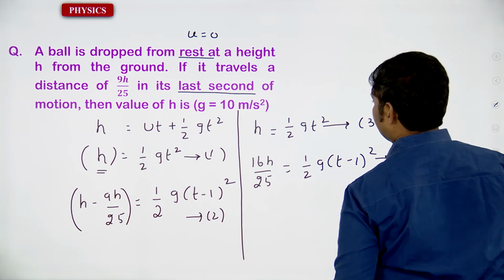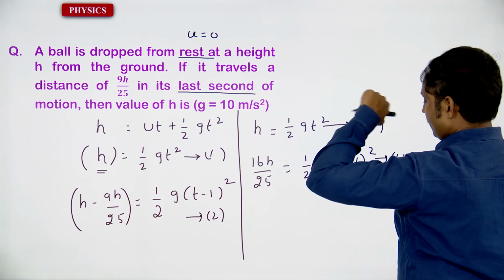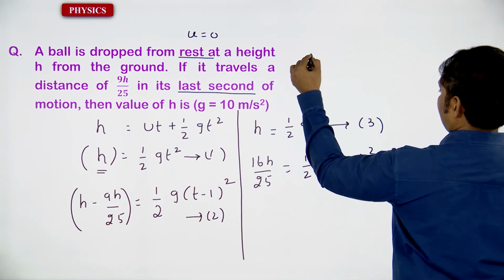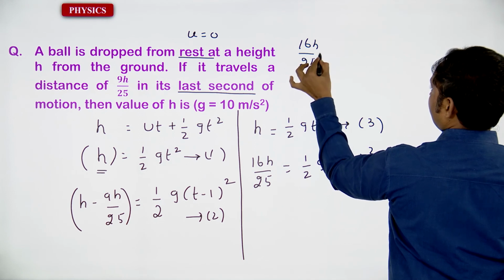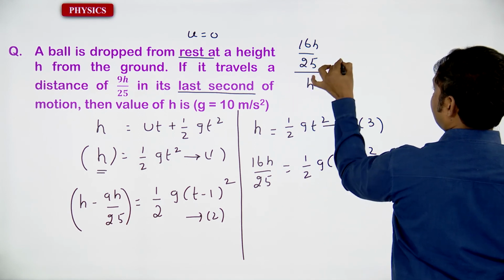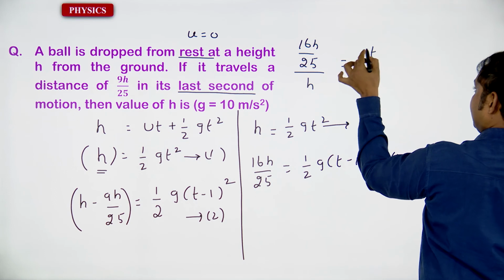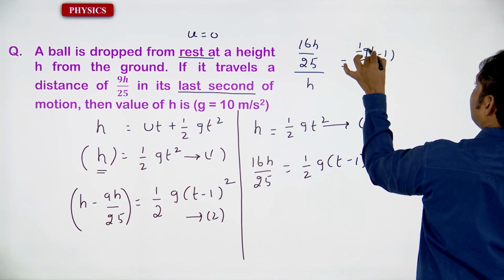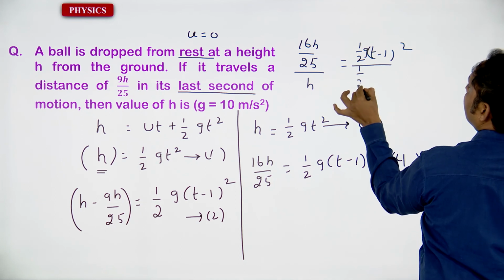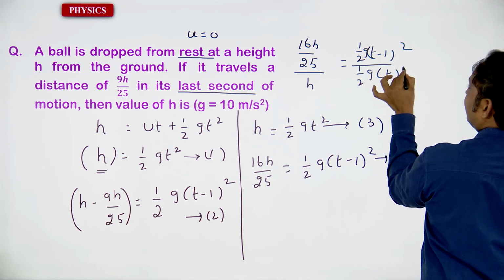So you will find that 16h by 25 whole upon h is equal to 1 by 2 g (t minus 1) whole square whole upon 1 by 2 g t square.